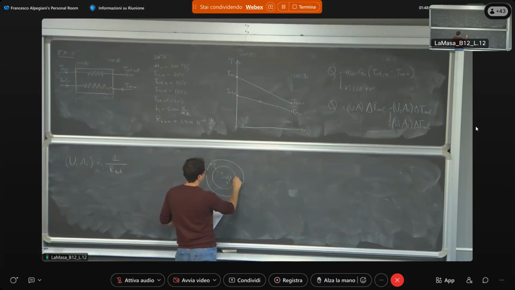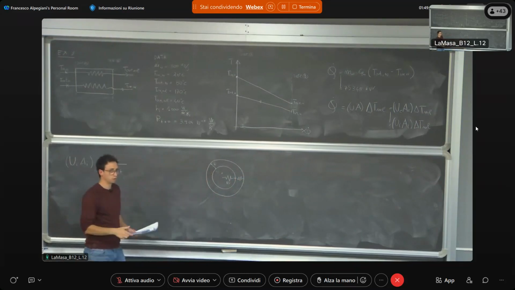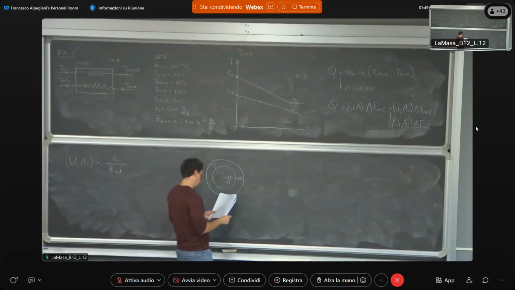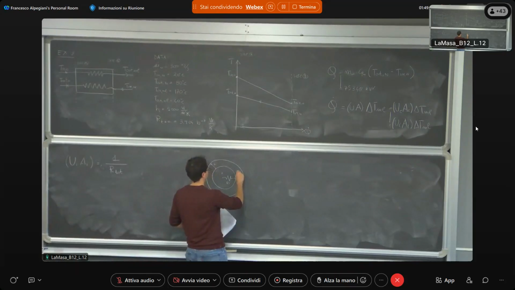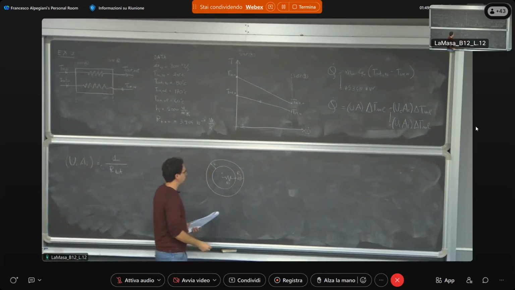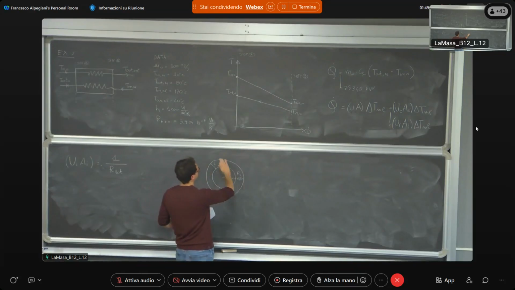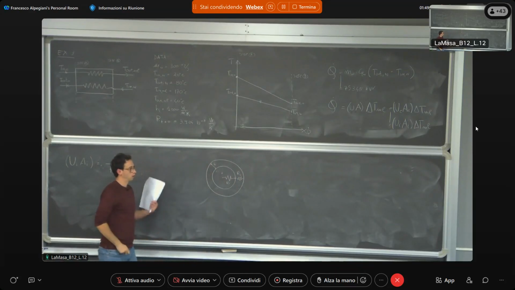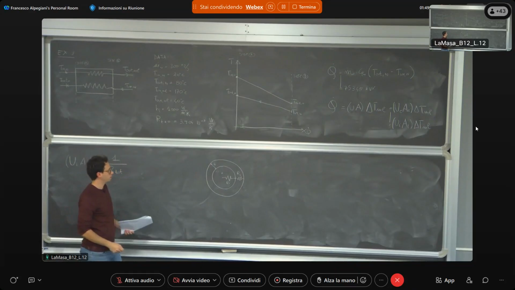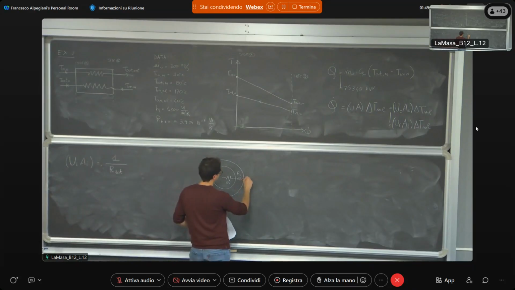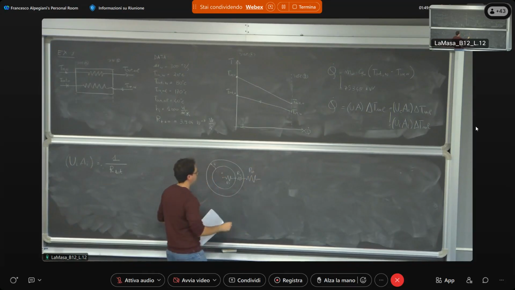Then you have a conductive resistance due to the material of the tube that we can call Rc. And then, since at the external side of the tube oil is flowing, you have a convective resistance once again on the other side that we can call R oil. Okay.